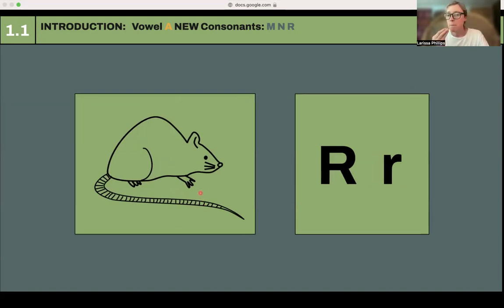Listen and watch me say it. My mouth is in an O shape. The sound is coming from the back of my tongue and my throat. This is a continuous sound. We can keep saying it. The sound is r. The letter is R. We have a capital R and a lowercase R.